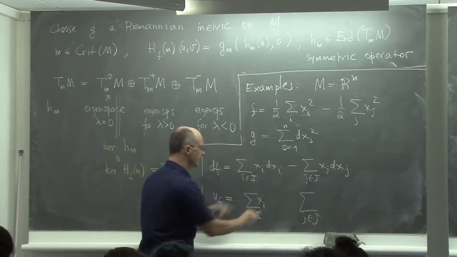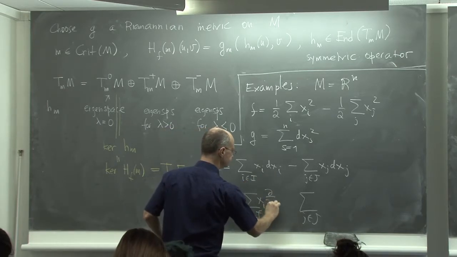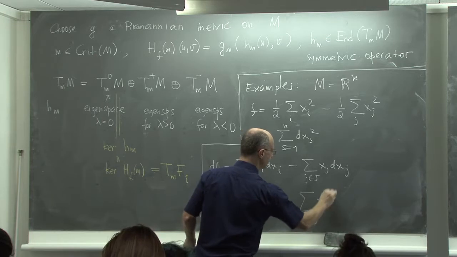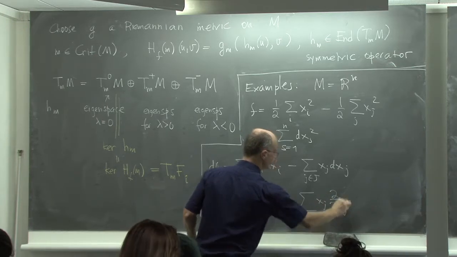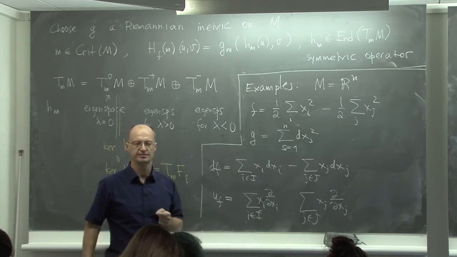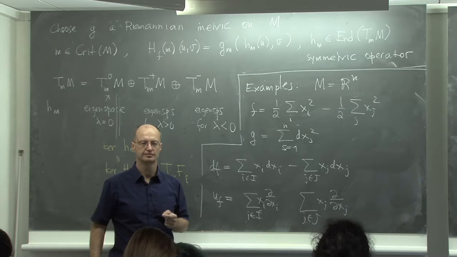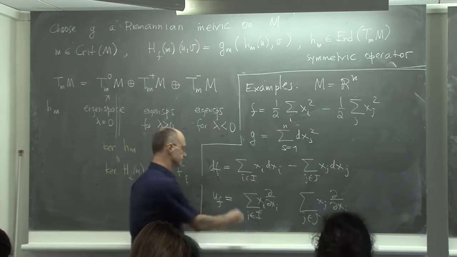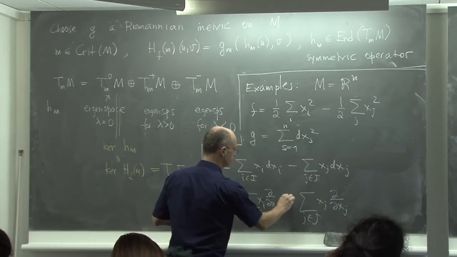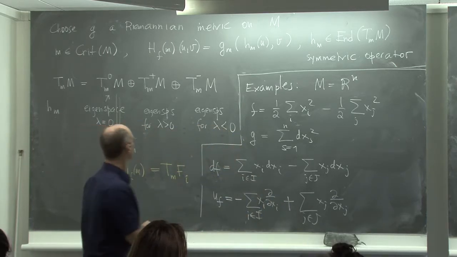So here x_i d over dx_i, here x_j d over dx_j. So that's what the metric does. Now what about the signs? Yeah, here will be a minus sign. Here will be the plus sign.